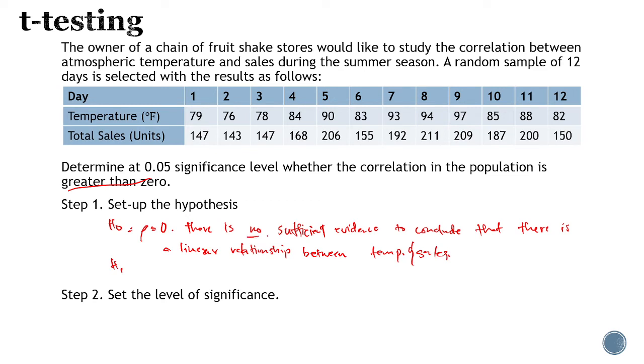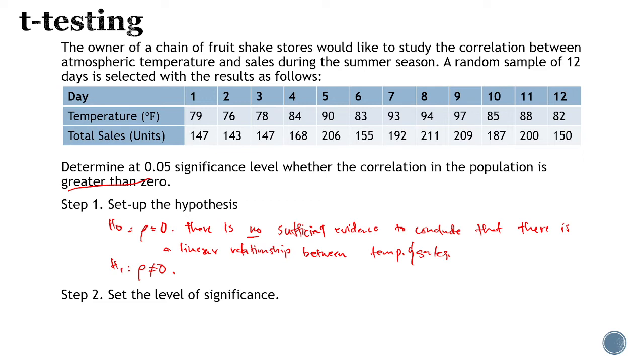So ang important na word dyan ay no. So ganun lang din yung gagawin nyo para sa inyong alternative hypothesis. Wherein ang gagawin lang natin dito, imbis na equal, gagawin lang natin siyang not equal. So, same na statement, tatanggalin nyo lang yung no. So, ibig sabihin, for this one, there is sufficient evidence to conclude that there is a linear relationship between temperature or atmospheric temperature and sales.